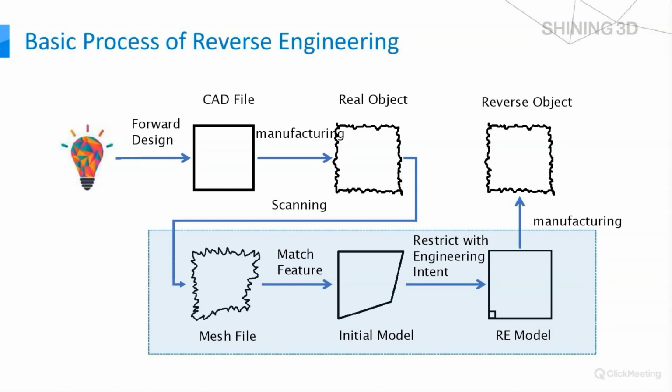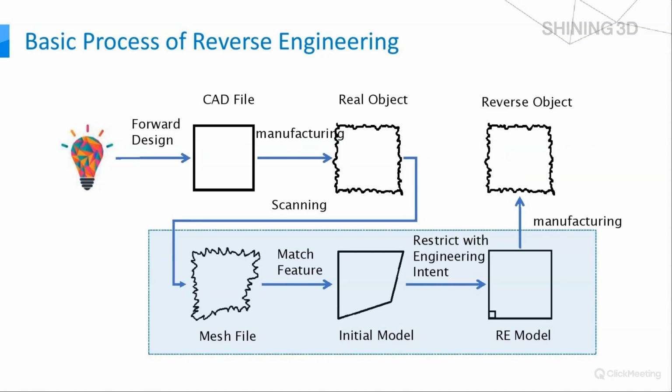And now you see that there is some more difference between the mesh file and the CAD file. Comparing the real object and the mesh file, you see that the error is enlarged, amplified during the scanning process, because the scanner itself has errors, it does not 100% replicate the real object, right? And the surface might not be parallel anymore.